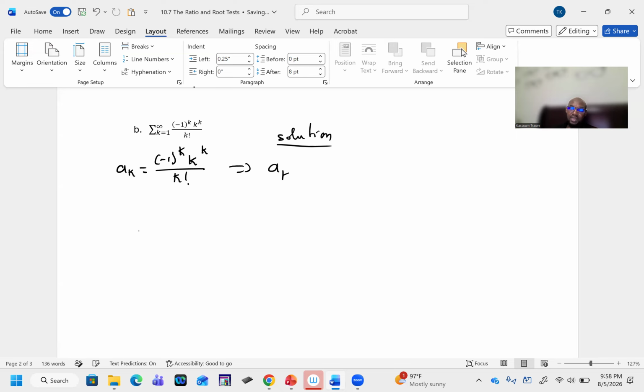And a sub k plus 1 will be negative 1 to the power of k plus 1, times k plus 1 to the power of k plus 1, divided by k plus 1 factorial.